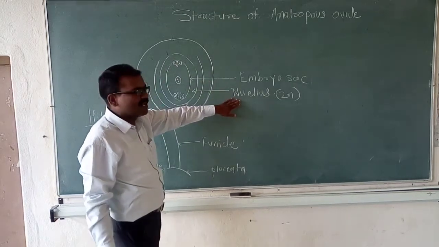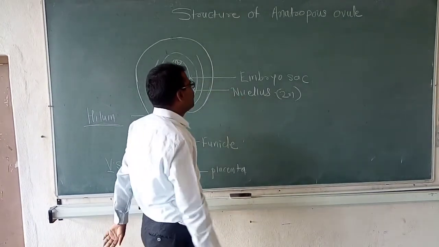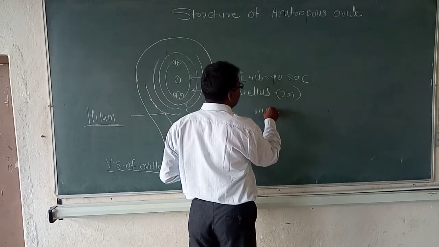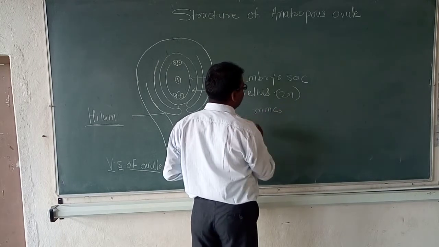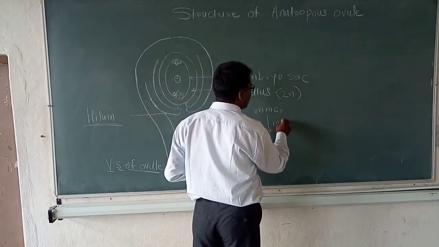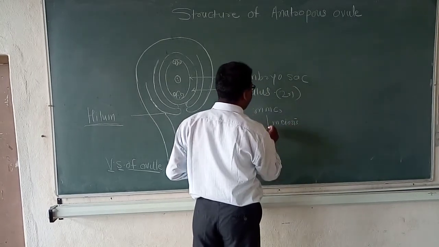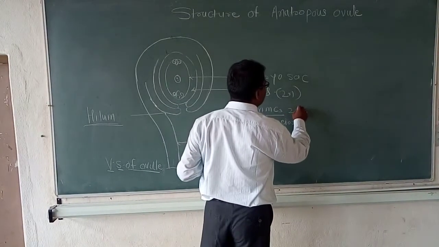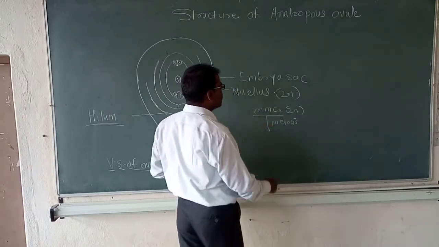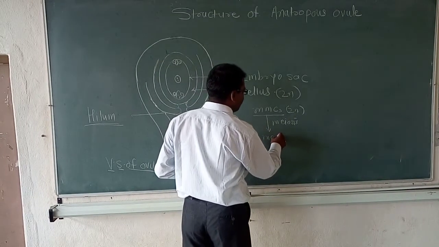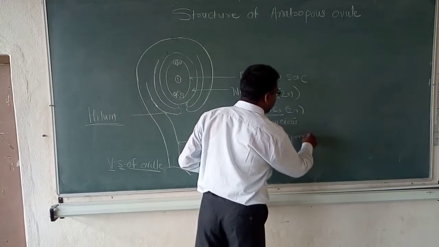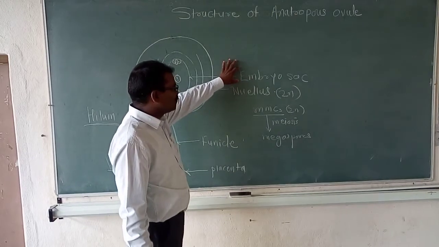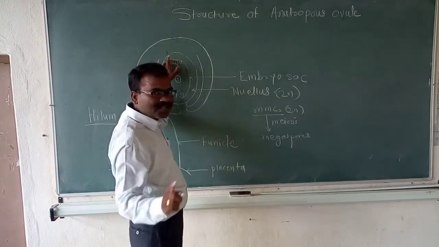Then function of nucellus: some cells of the nucellus called megaspore mother cells, MMC, which are diploid in nature, undergo meiosis and form haploid megaspores, which develop into embryo sac after maturity.